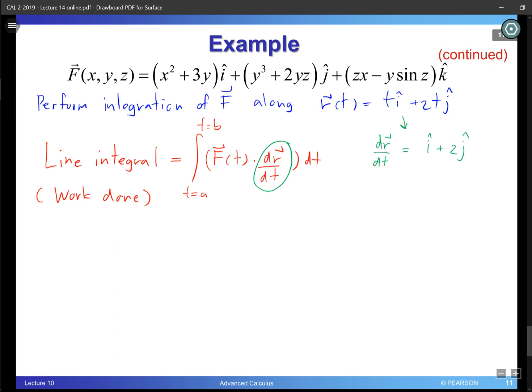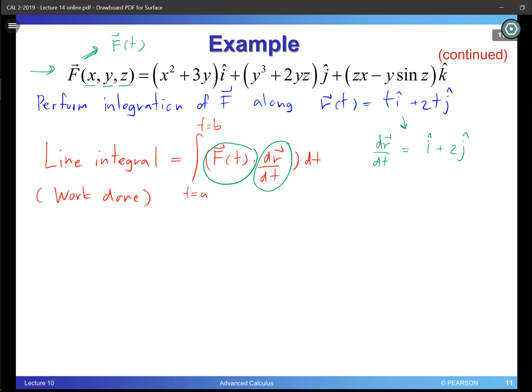Now the next thing we need is this vector field in terms of time. Looks simple, but if you look at this, we have the vector field in terms of x, y, and z. We can't use that right away, so we have to find a way to translate this into the vector field that depends on time.